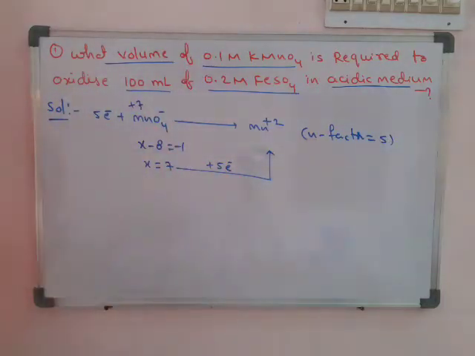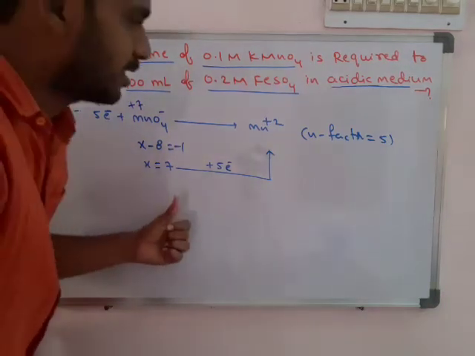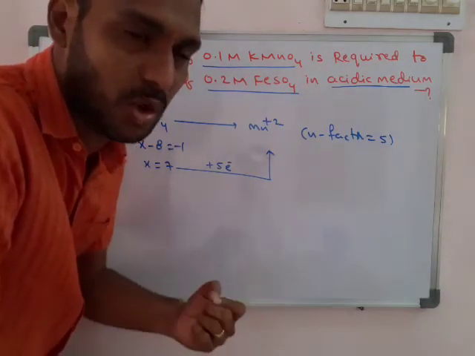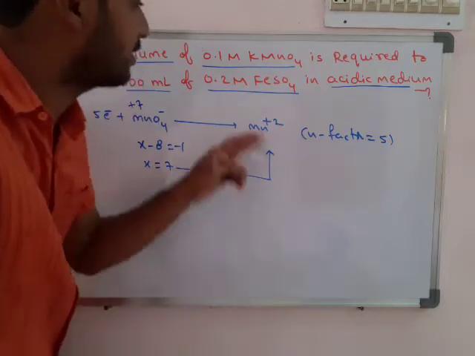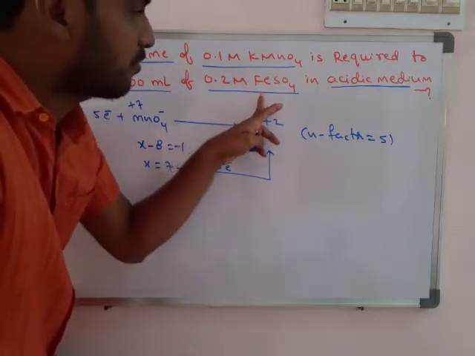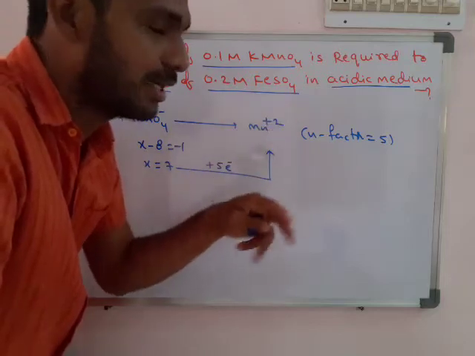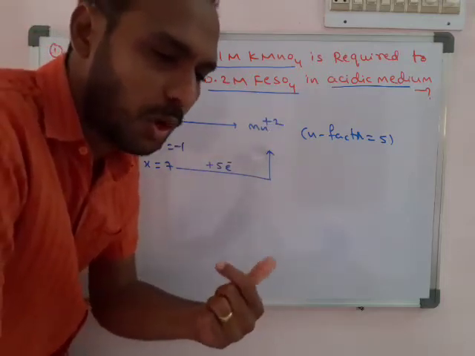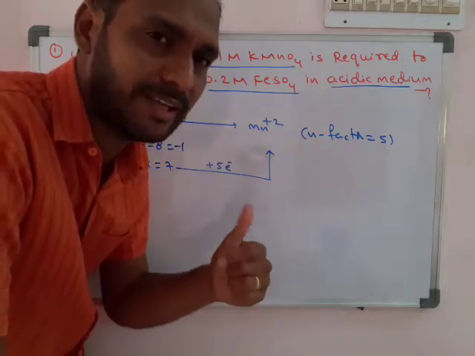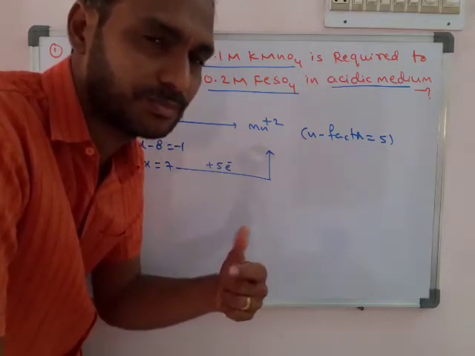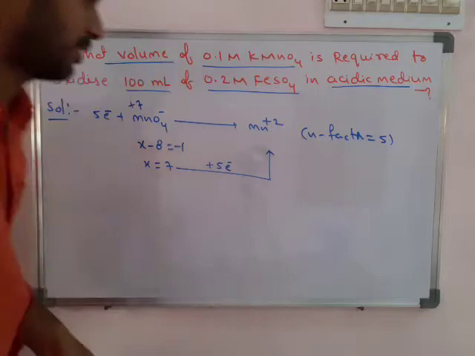So it is reduced, which means it works as the oxidizing agent. It oxidizes the ferrous sulfate. So here in ferrous sulfate, the part involved in oxidation is Fe plus 2, which is oxidized to Fe plus 3.